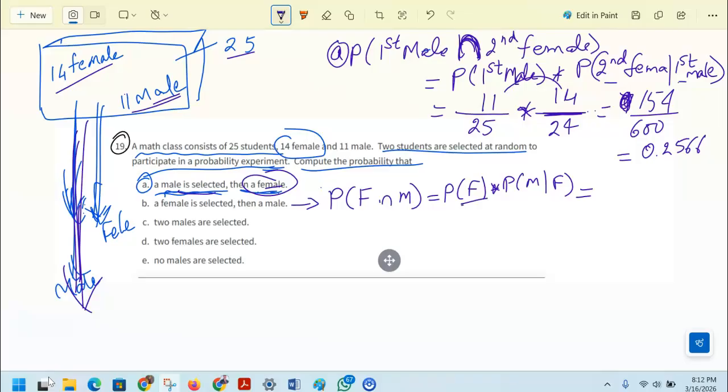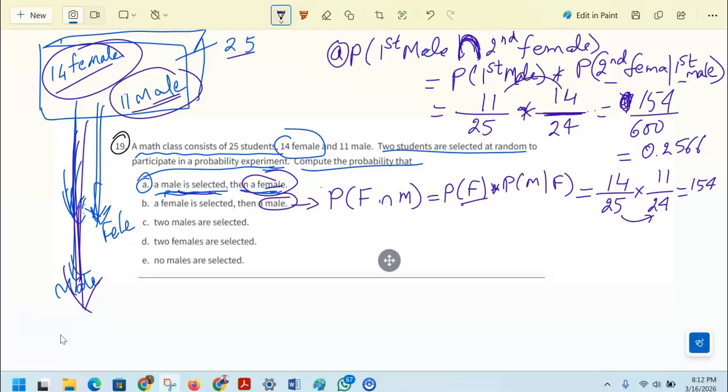The first one is female: there are 25 kids and you're picking out of 14, so this will be 14 here. Now the sample space reduces to 24 students, and the second one is male. Since there are 11 males, it is 11. And you will notice that you end up getting the same answer, 154 out of 600, which is 0.2566.